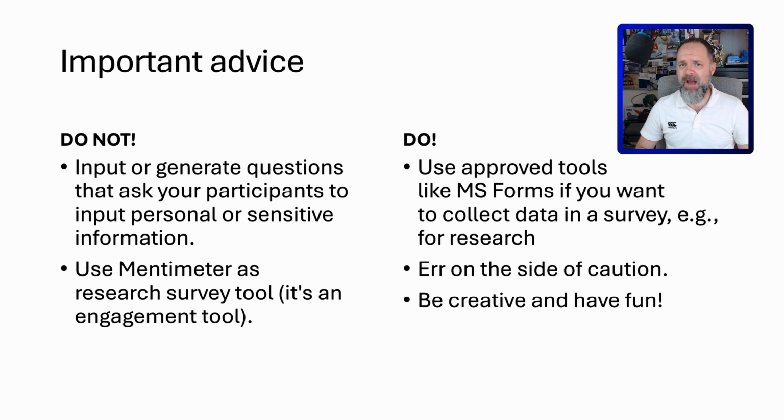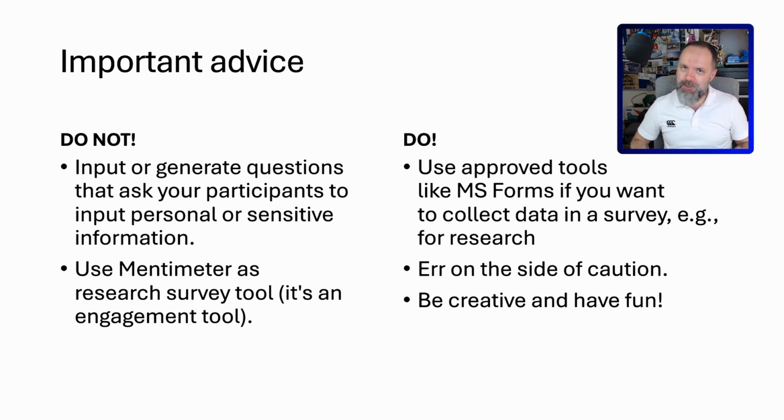When we deal with AI in general or any kind of application, then very hearty advice: do not input or generate questions that ask your participants to input personal or sensitive information.